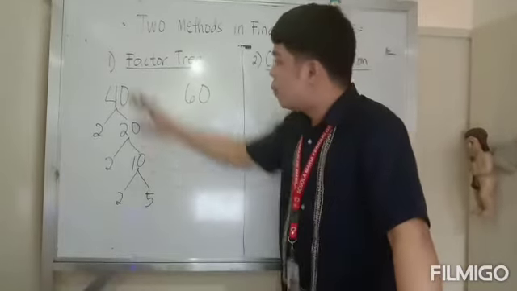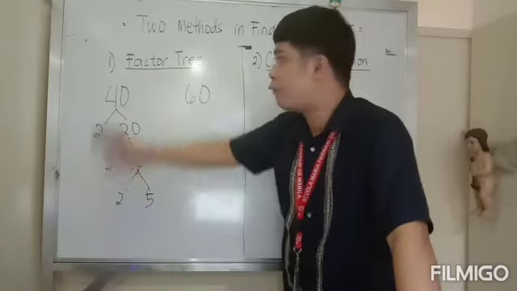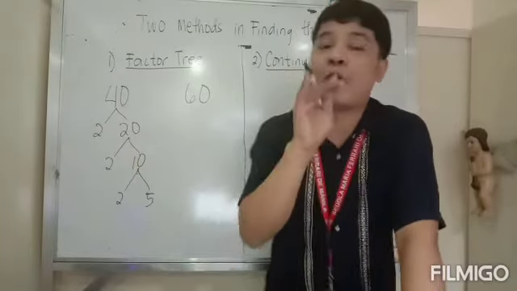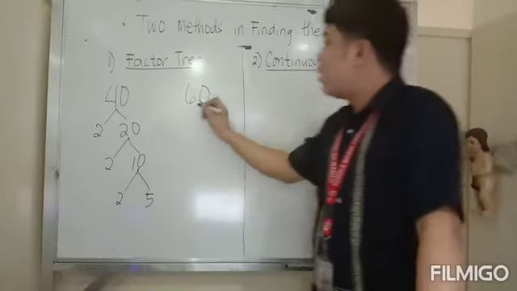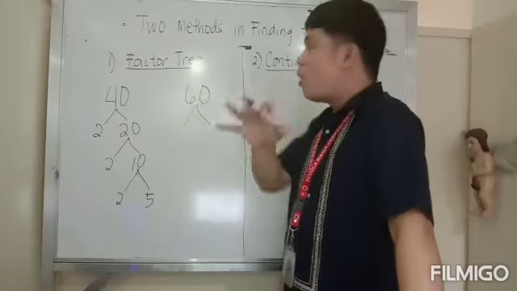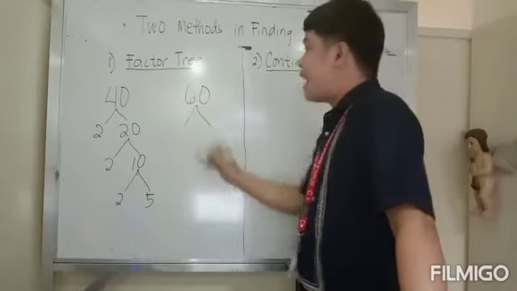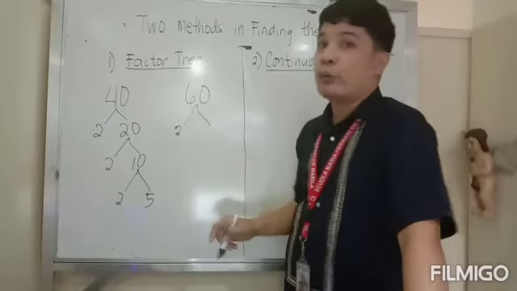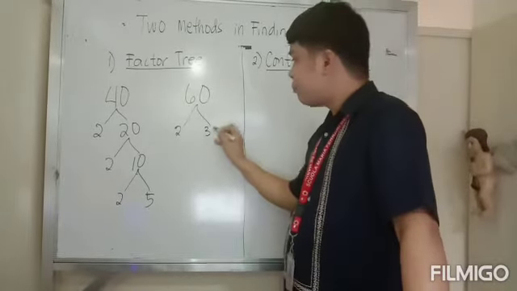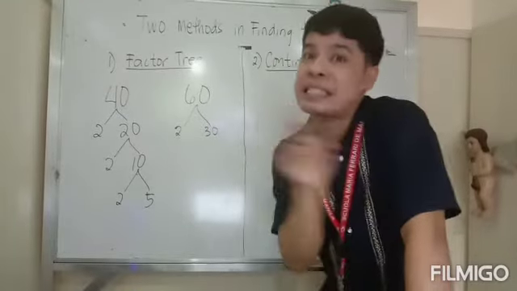Okay? So before we write all the prime factors of 40, we will solve first for 60. Now we will do the same for 60 as with 40. We are going to find the smallest prime factor of 60, and that is 2. The partner of 2 is 30, simply because 2 times 30 is 60.